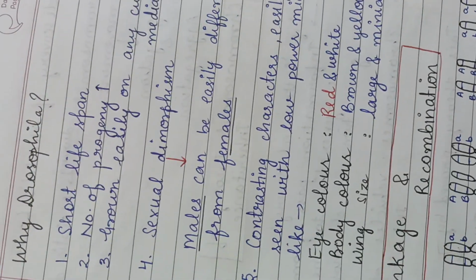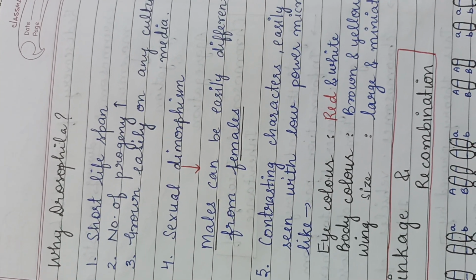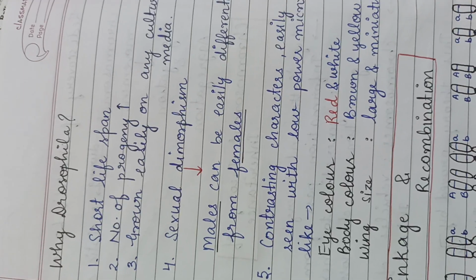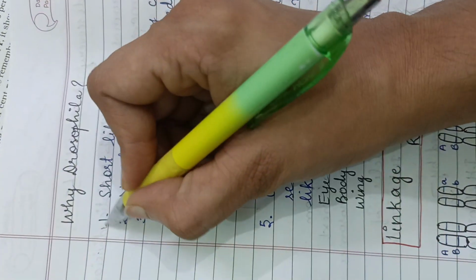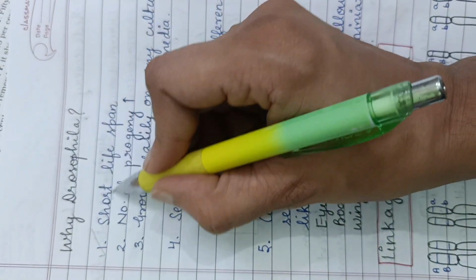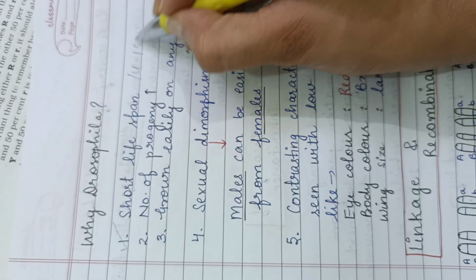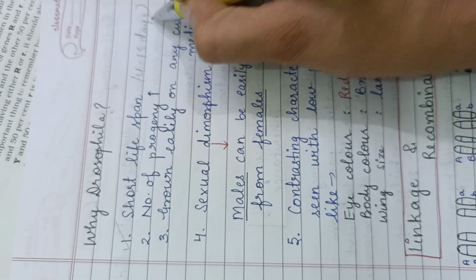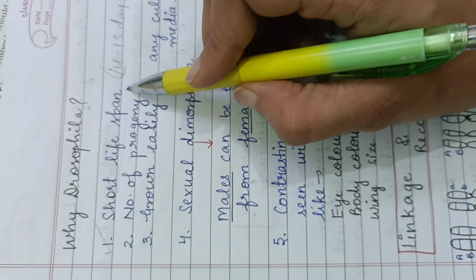There are a few reasons for choosing Drosophila. The first reason is its life cycle. Its life cycle is about 2 weeks, which means 14 to 15 days around. So many generations can be studied very quickly.